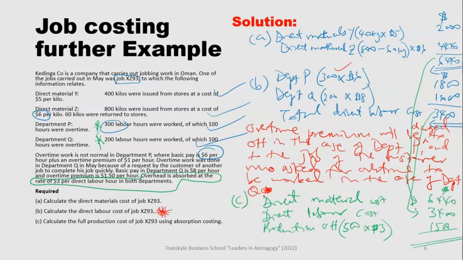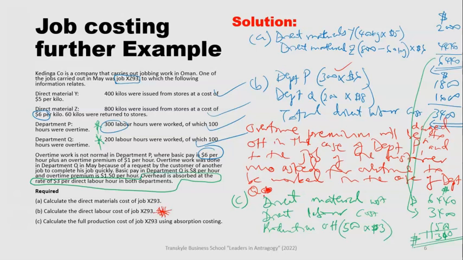So we then have to add up and get our figures. $340.